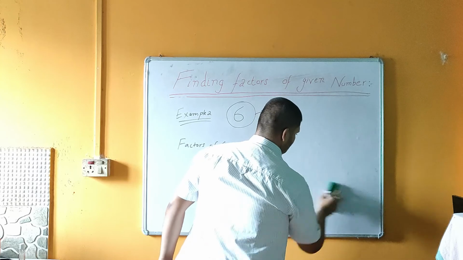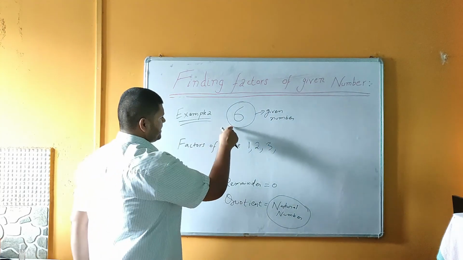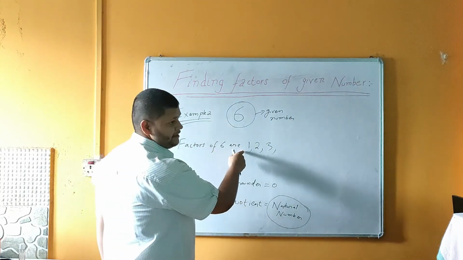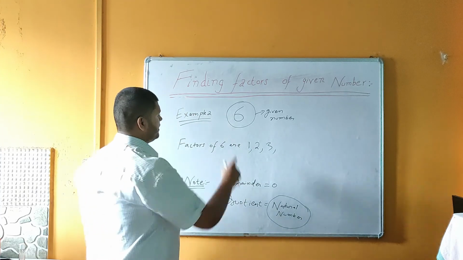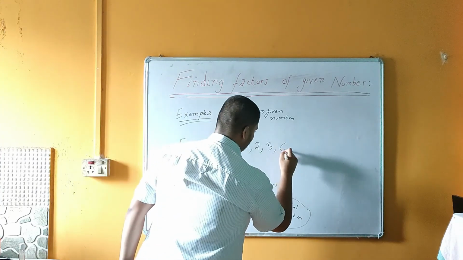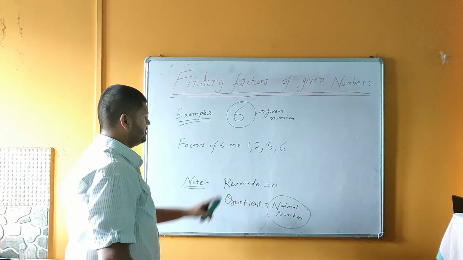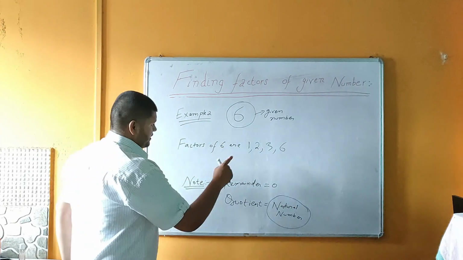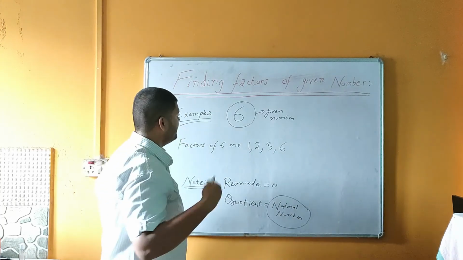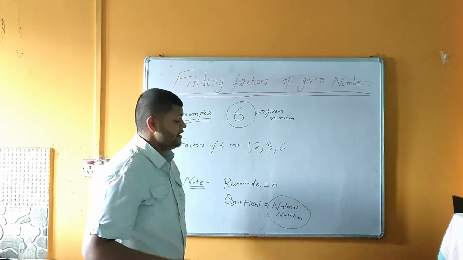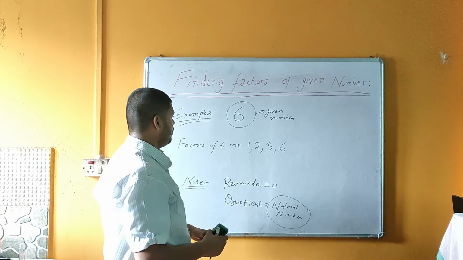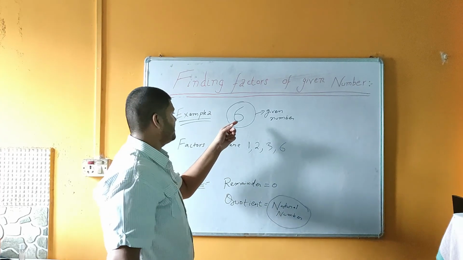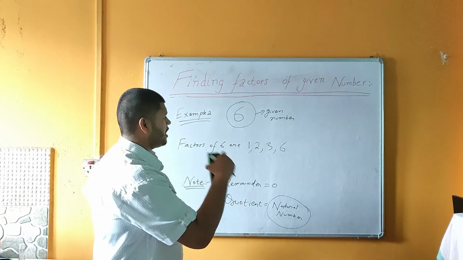Now, we already know for every given number, 1 will be a factor and the number itself will also be a factor of the given number. So these are the factors for the given number. In simple words, factors are nothing but those tables in which the given number is going to occur.